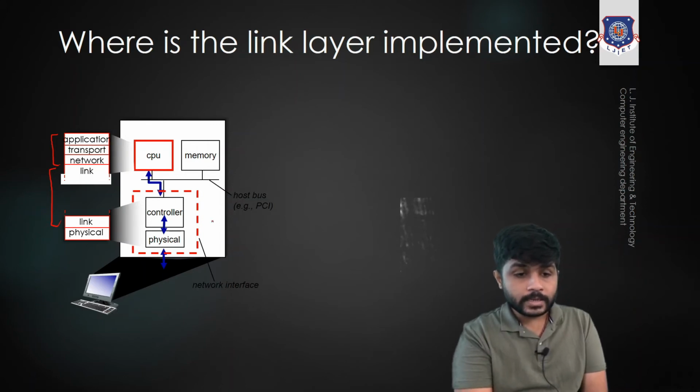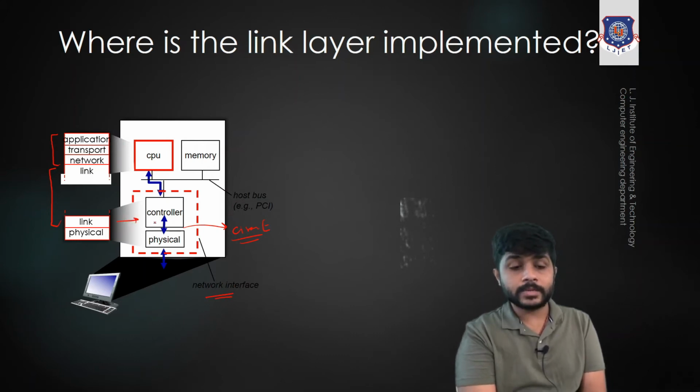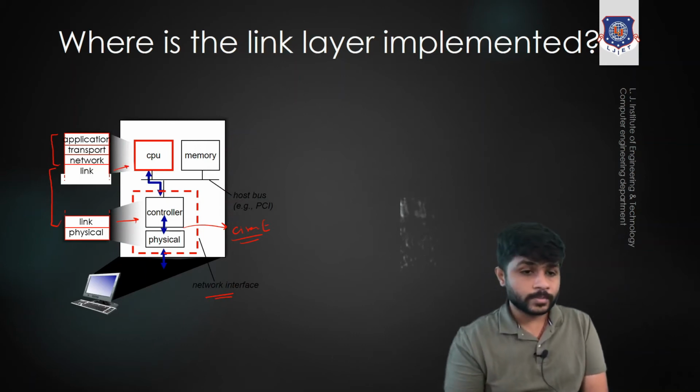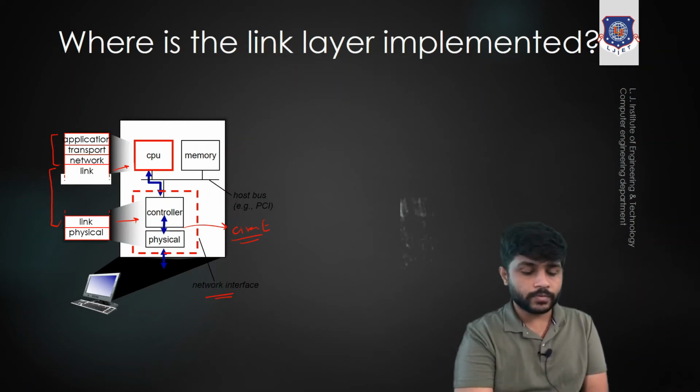You can see that this is a network interface, and this portion is the circuit. So the data link layer is present at the hardware layer, meaning in the circuit, as well as in the software layer, meaning in the ports. So the data link layer is a combination of hardware and software.